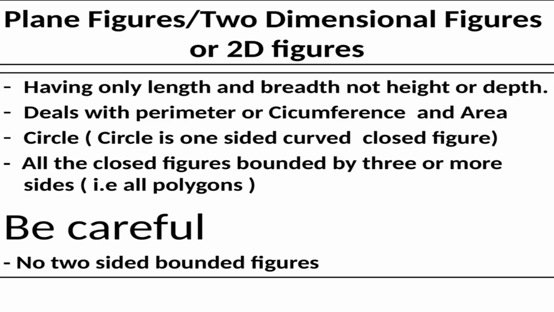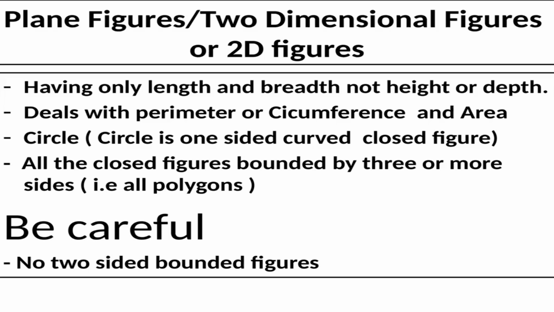The one-sided closed figure is called a circle. Then the remaining, triangle, quadrilateral, parallelogram, are plane figures closed by three or more sides.